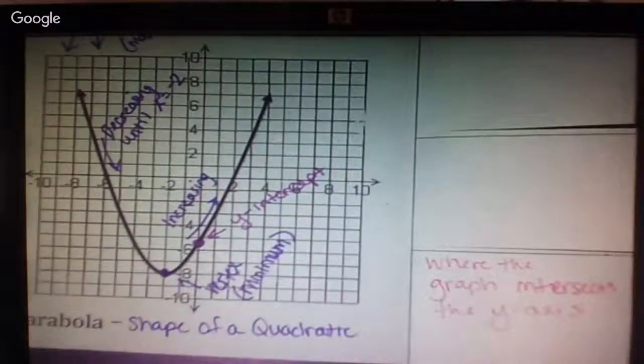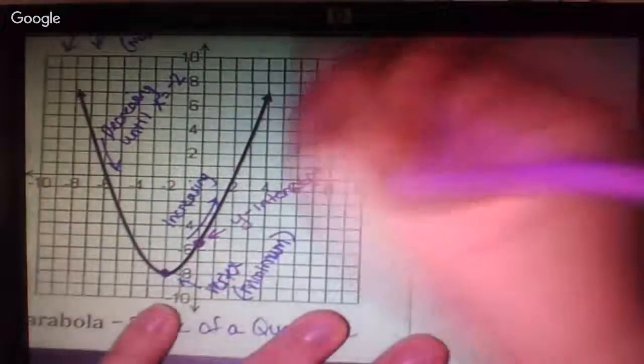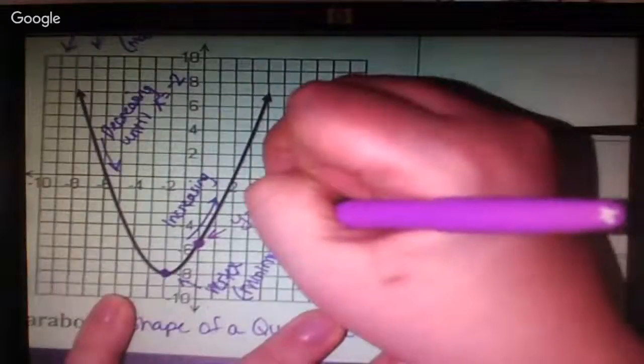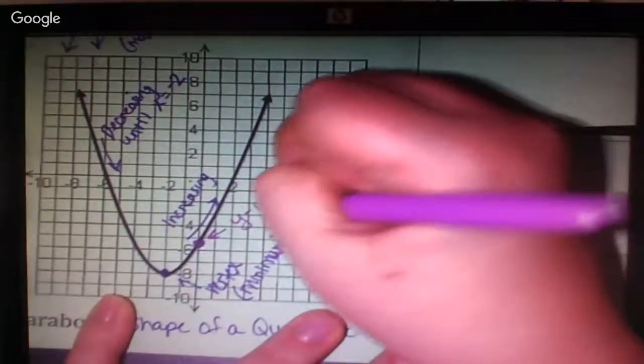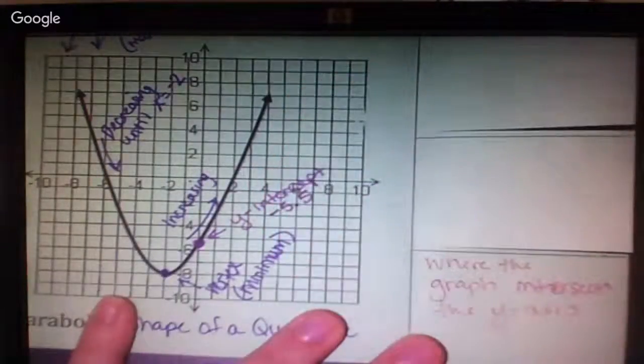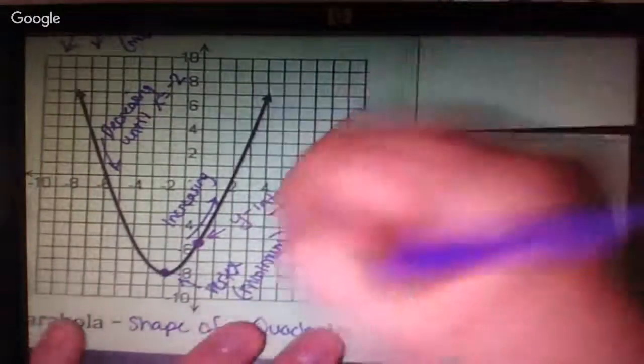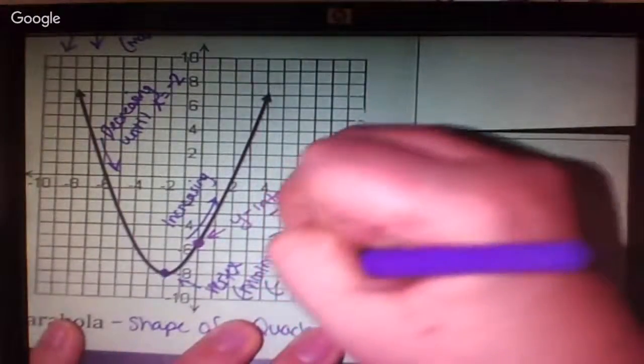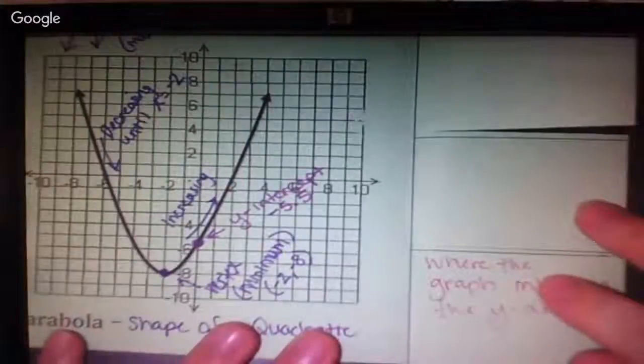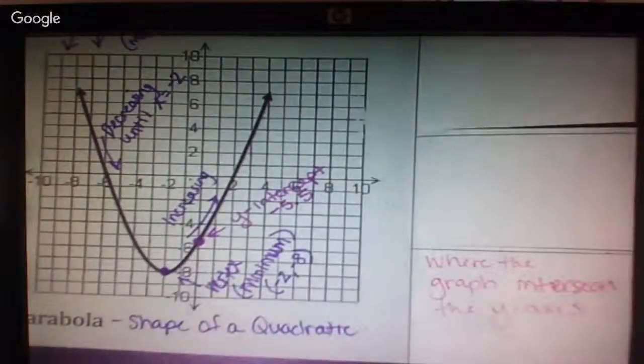Where does your picture cross it? -5. Okay. It actually kind of looks like it's somewhere in between -5 and -6. You can put 5.5. So we'll do it at -5.5. Your minimum was also at -2, -8. Yes, your vertex was at -2, -8 on your graph.